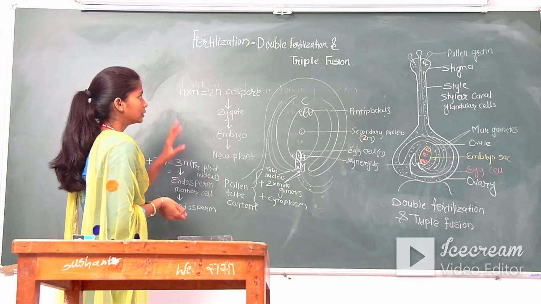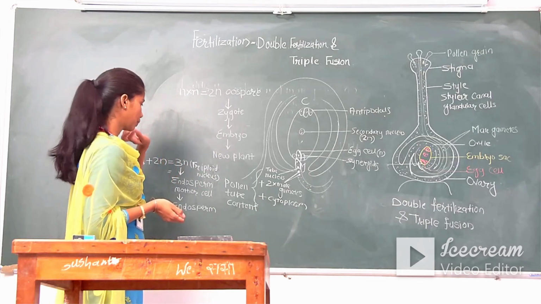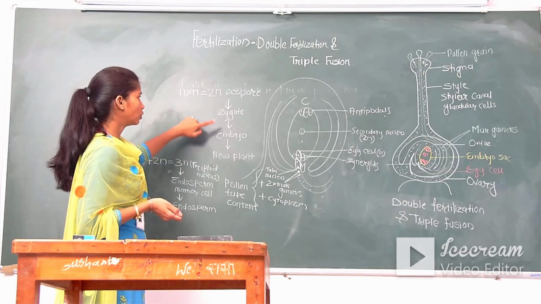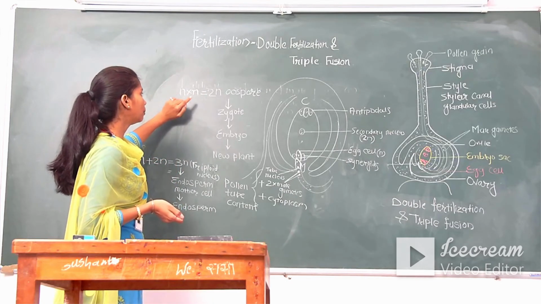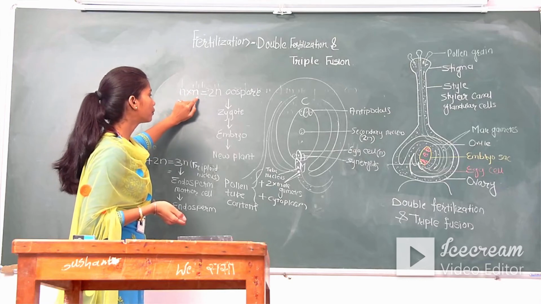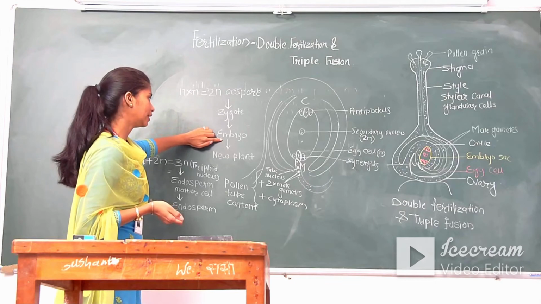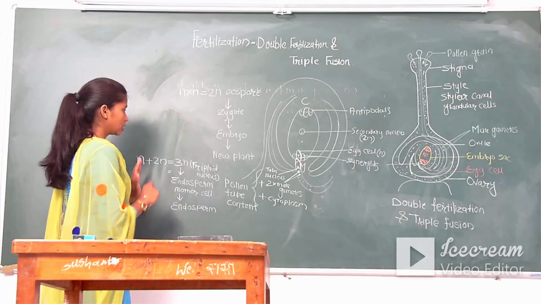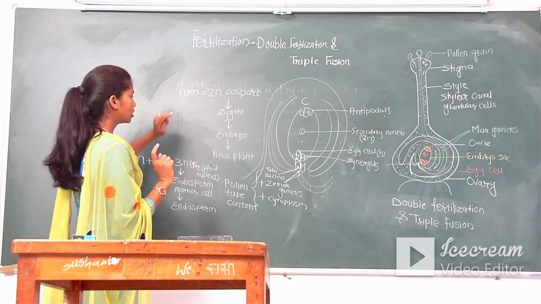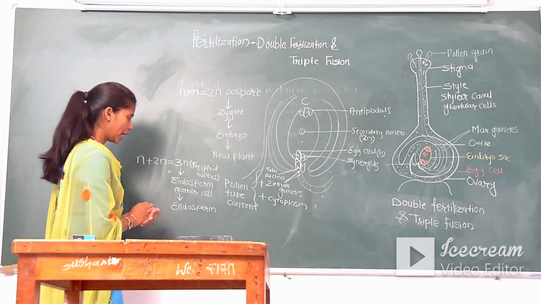So there are two products of double fertilization. One is the embryo, developed from one male gamete and the female gamete forming a diploid zygote, which develops into an embryo and then a new plant. So the products of double fertilization are the diploid zygote and the triploid endosperm.